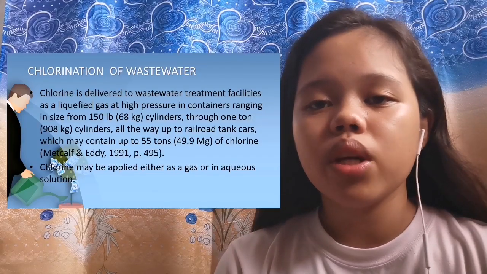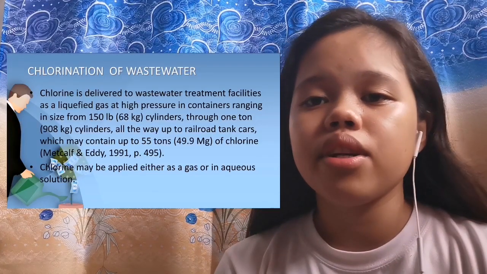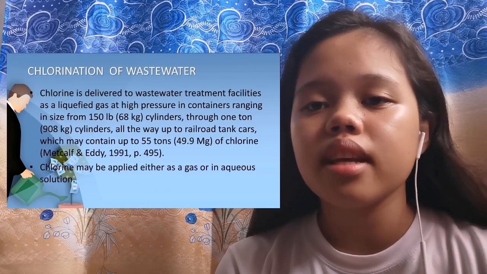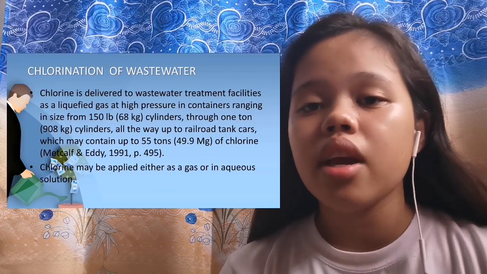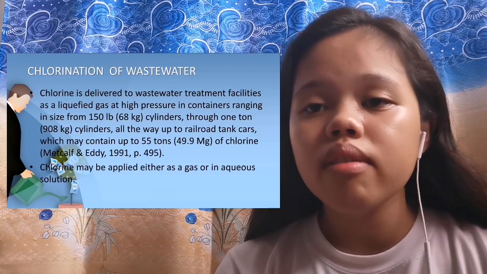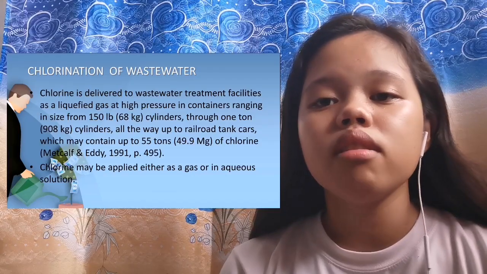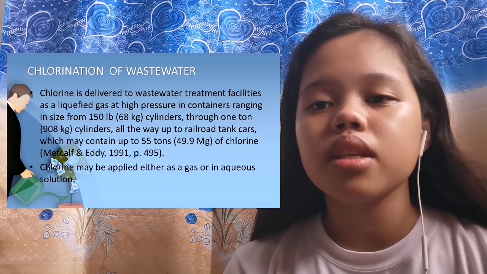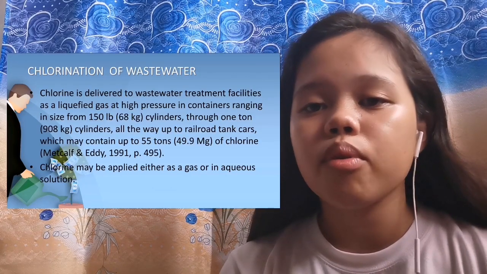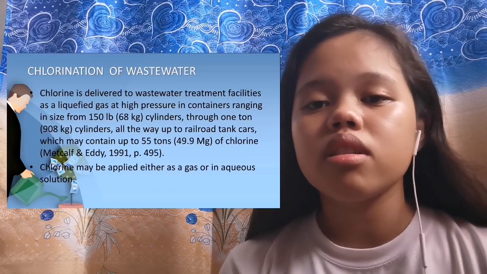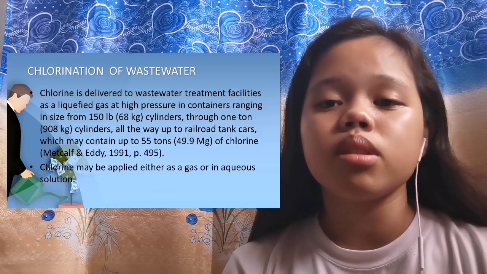Chlorination of wastewater. Chlorine is delivered to wastewater treatment facilities as a liquefied gas at high pressure in containers ranging in size from 150 pound or 68 kilogram cylinders through 1 ton or 908 kilogram cylinders, all the way up to railroad tank cars, which may contain up to 55 tons or 49.9 megagrams of chlorine.